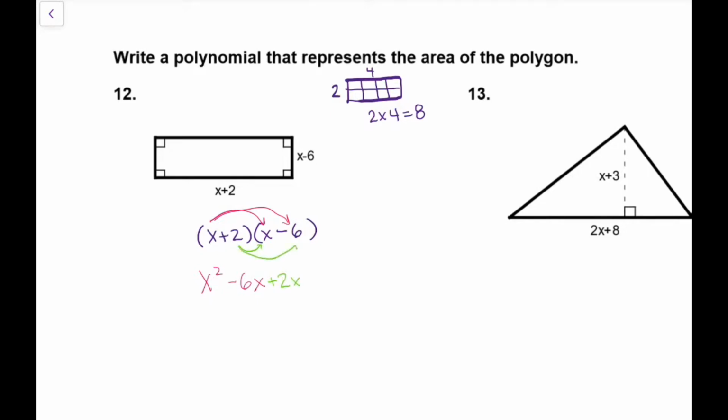And last is 2 times negative 6 gives us negative 12. We combine the like terms in the middle. Negative 6x plus 2x is negative 4x. So we drop down the x squared and the negative 12, and the area for this rectangle will be x squared minus 4x minus 12.